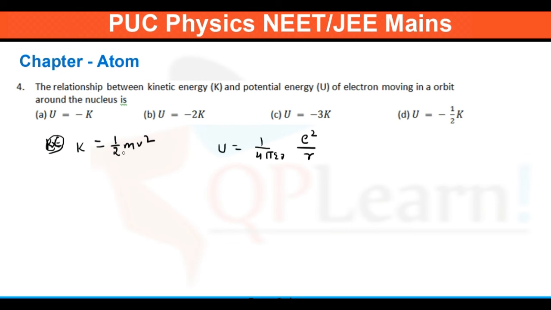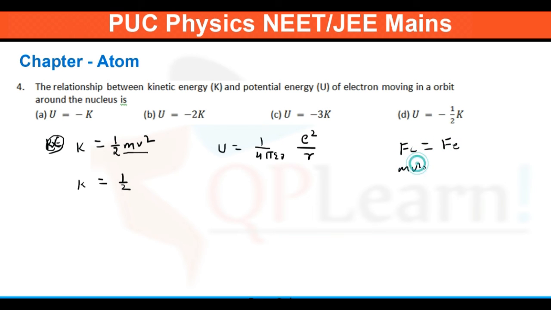Here mv square is there, and K is equal to half mv square. Before the derivation we learned the centripetal force should be equal to the electrostatic force.